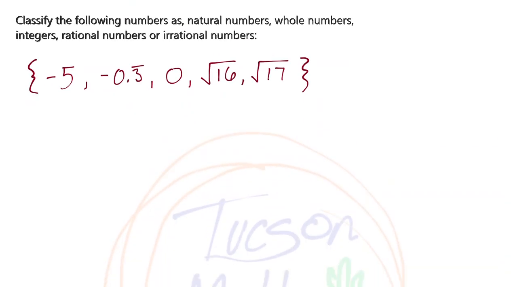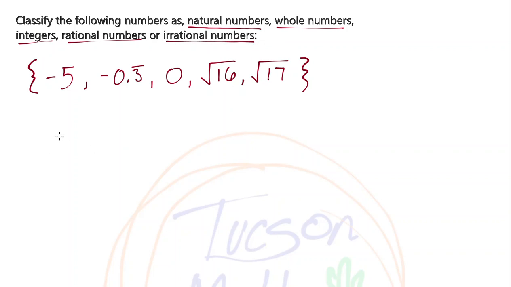Now, back to our question. Since we are classifying with these 5 different classifications, we want to write these down, and I want to show you how they relate to each other.